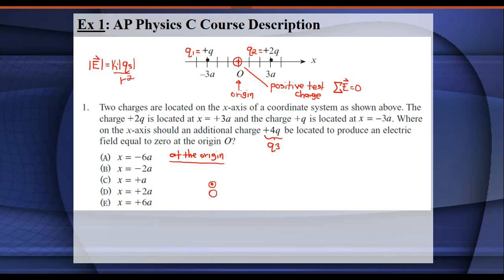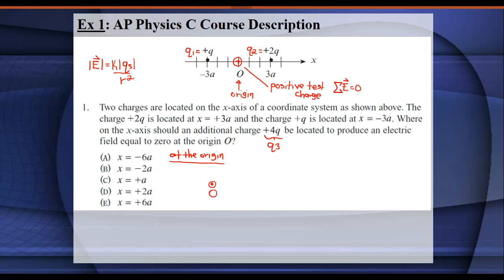The important thing to realize here is there's a direct relationship between the magnitude of the charge and the electric field, and an inverse relationship with R. Now, both Q1 and Q2 are located the same distance away from the origin. So we don't need to worry about R in terms of identifying which vector is going to be bigger.